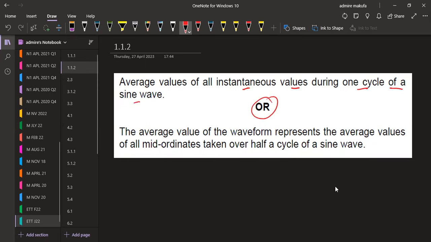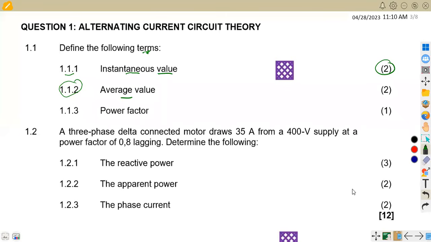Or the average value of a waveform represents the average of all mid-ordinates taken over half a cycle of a sine wave. So this is what we can give in our definition of the average value.